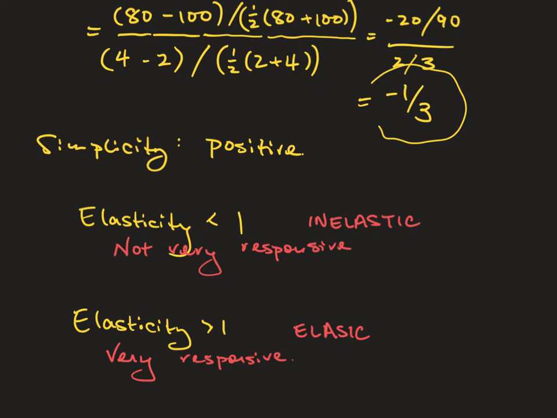It was not a huge response. So when we calculate the elasticity, we get a value of 1/3, less than 1. We describe demand as being inelastic, not very responsive.